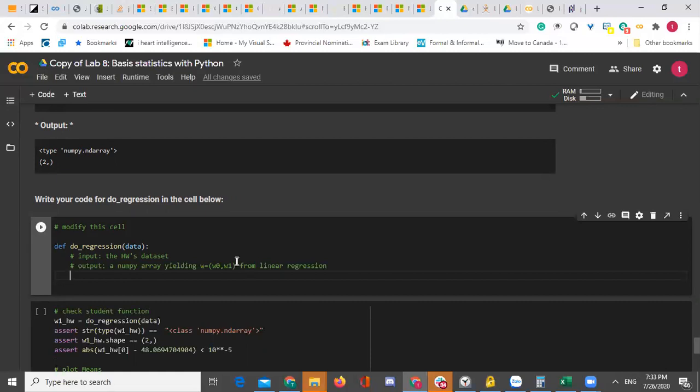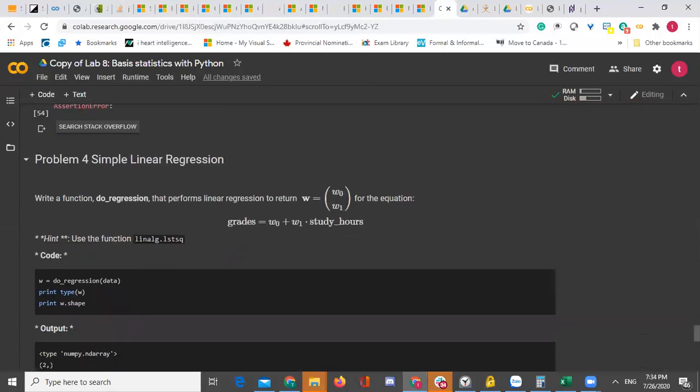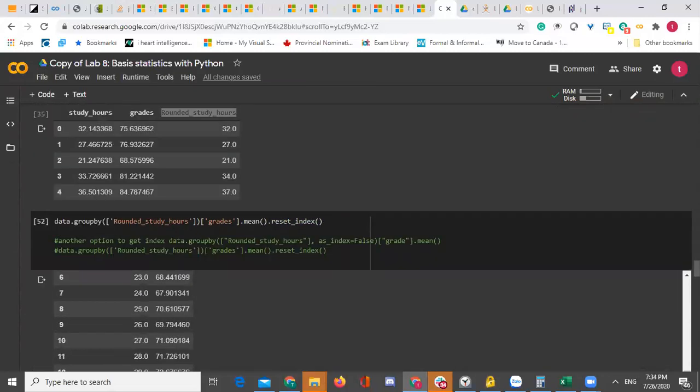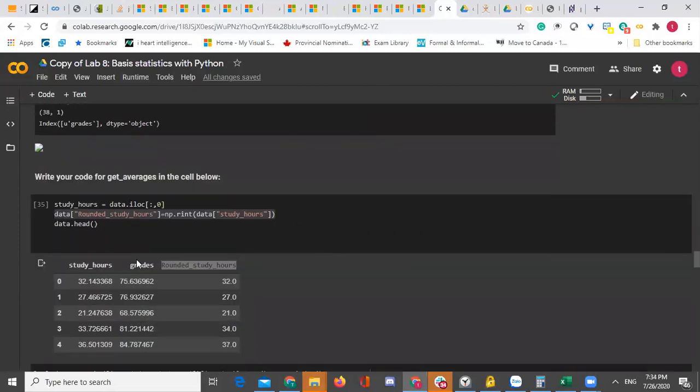Input the HW data set. So this data, right? Try to use the linalg least squares function. So we don't need this anymore, right?